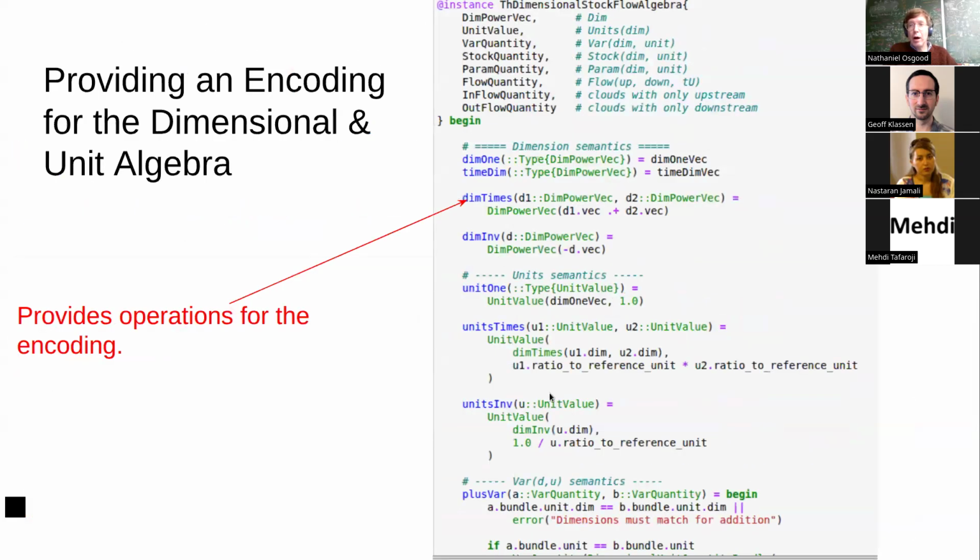And you notice here's the rule with the ratio to the reference units, multiplying when I multiply things of different units. So here we're not computing with symbols, we're computing with actual values. We're going to be computing with values for parameters, values for stocks at a given time, values for flows at a given time.